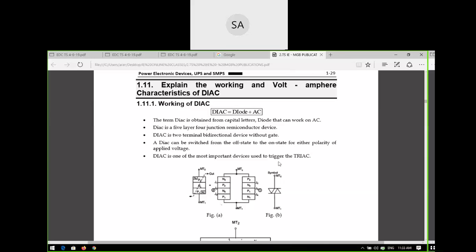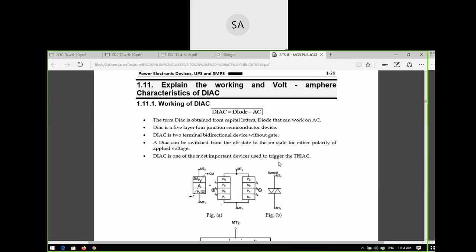Whatever we have discussed so far is the different characteristics of the SCR, and how to trigger the SCR using UJT, and different specifications, current ratings and volt-ampere ratings. Now we have the volt-ampere characteristics of the DIAC.